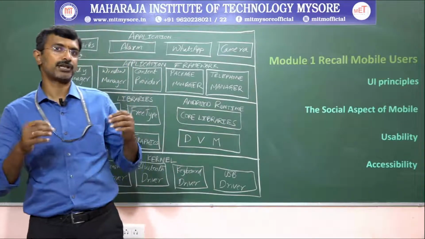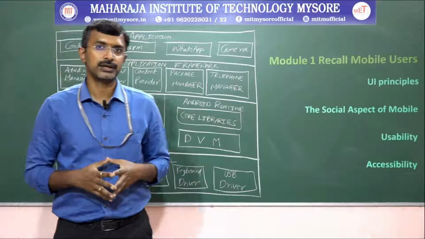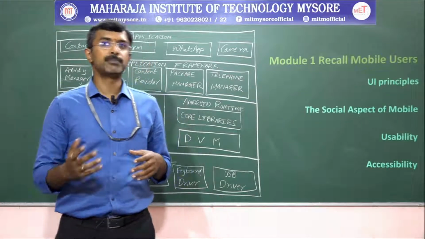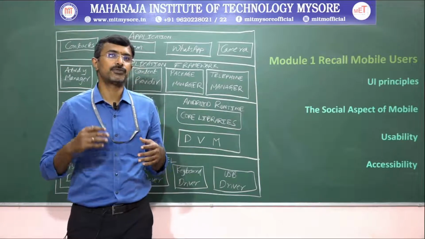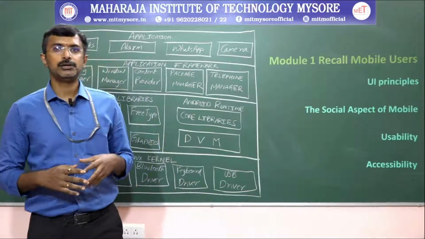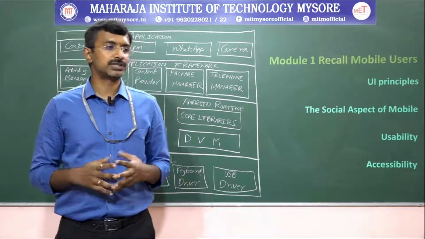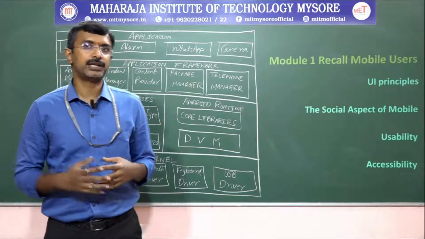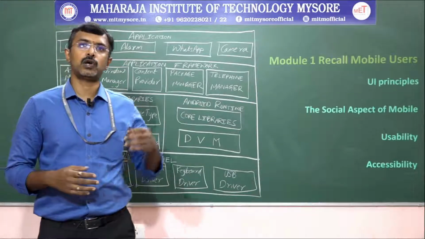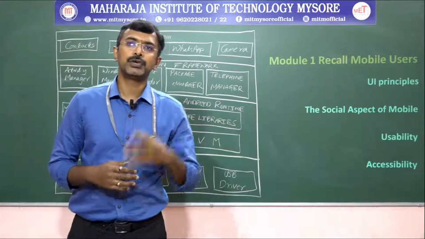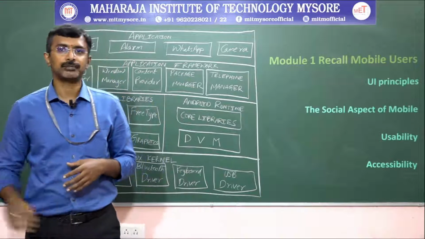Then we spoke about different social aspects of the user. Then we looked into usability, which means the different kinds of users who are going to use it at different levels. Then we looked into accessibility: what are the different gestures we are going to use, and in what ways information can be conveyed.